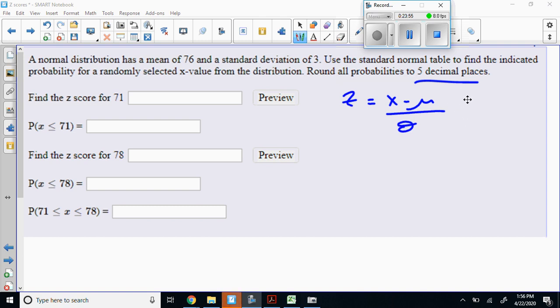So that would be 71 minus 76 over 3. So let's see, 71 minus 76 divided by 3 is, you got a z-score, which is negative 1.6667, right? That's what I got.